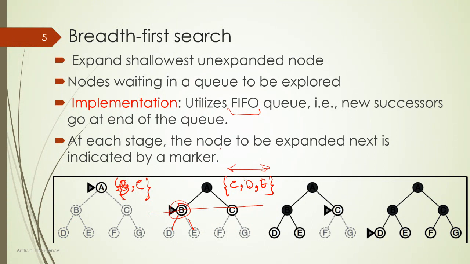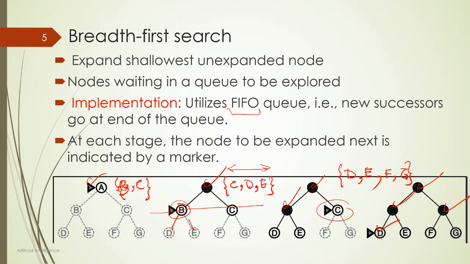At each stage, the node to be expanded next is directed by the marker. So here, as you can see, first we check this one, then we check this one, then we go check this one. So these are checked already. And when we did this one, then the next one will be D. Here I'm checking C, so my queue is D, E, and F, and G will be on my list to be checked next.